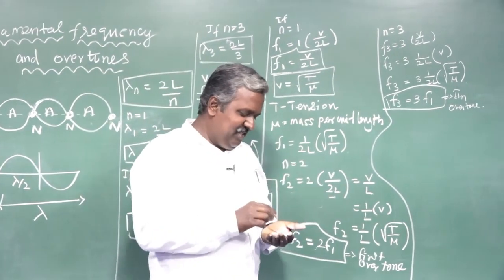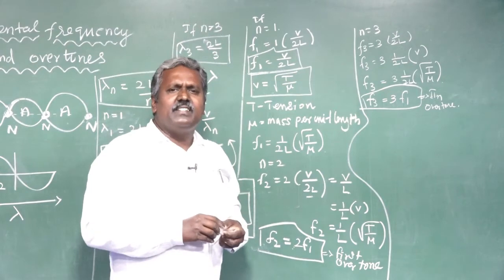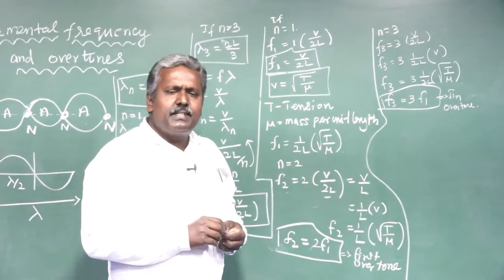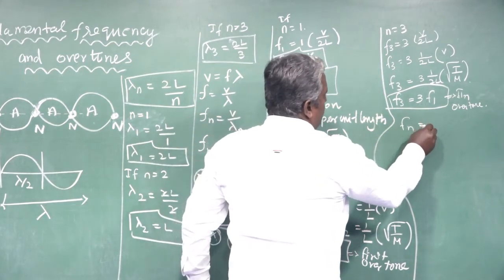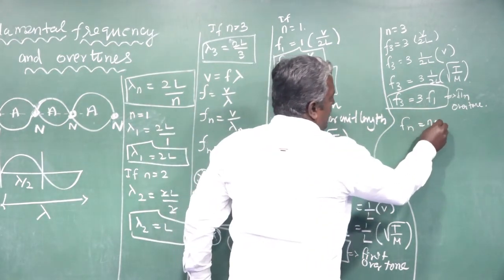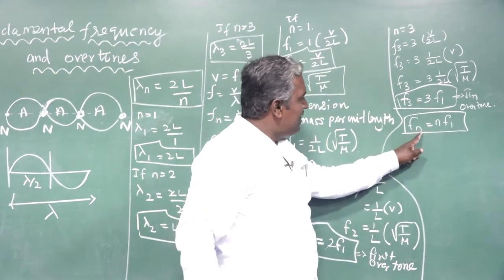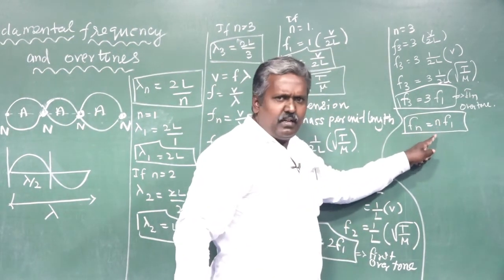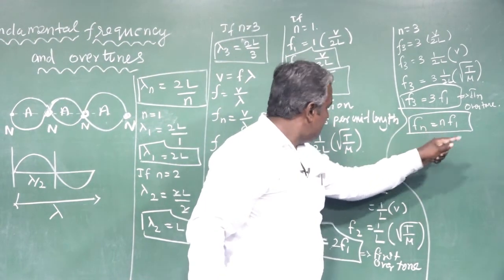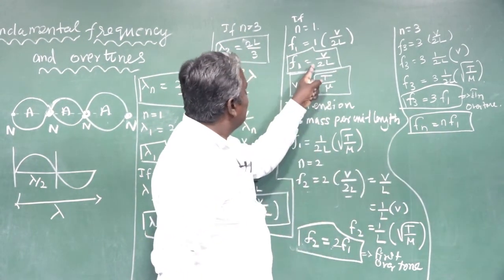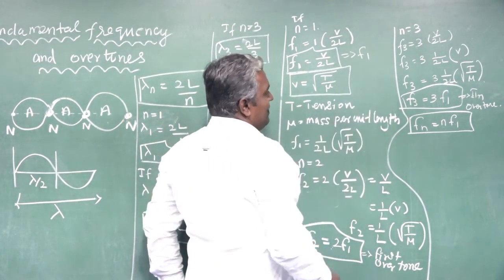At the same time, here natural frequencies are written. The basic formula: fn is equal to n f1. You can write like this. f1 is equal to 1 f1, so f1 is equal to f1.